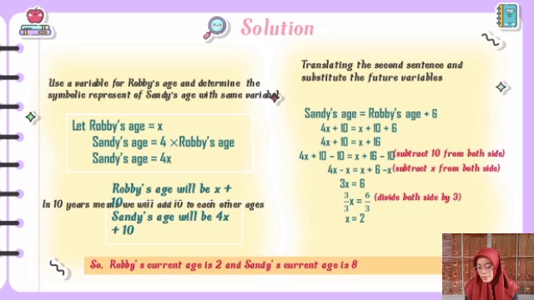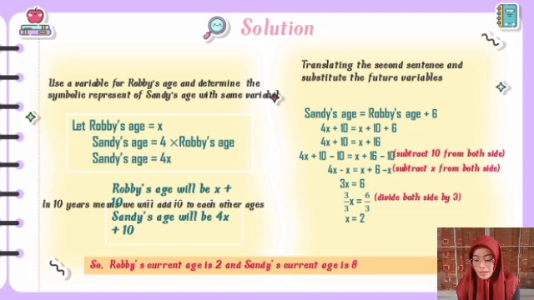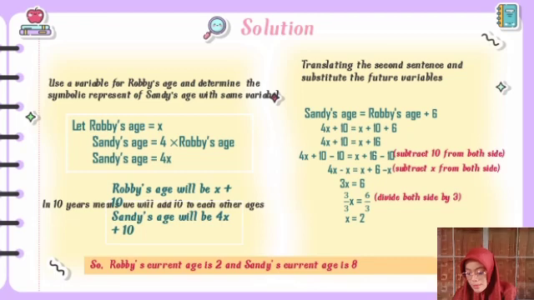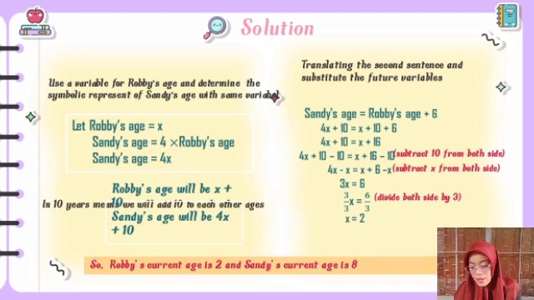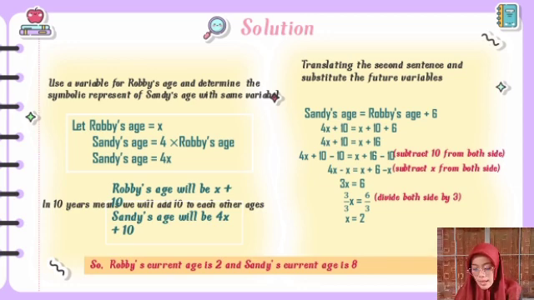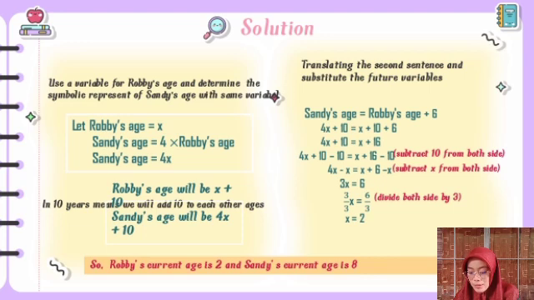Robbie's age will be x plus 10 in 10 years, which means we add 10 to each age. Robbie's age will be x plus 10 and Sandy's age will be 4x plus 10. Translating the second sentence and substituting the future variables: Sandy's age equals Robbie's age plus 6.